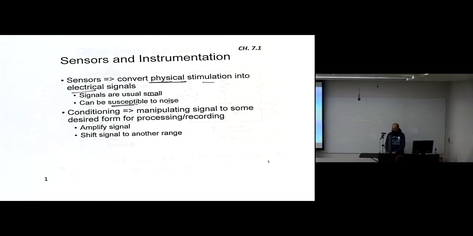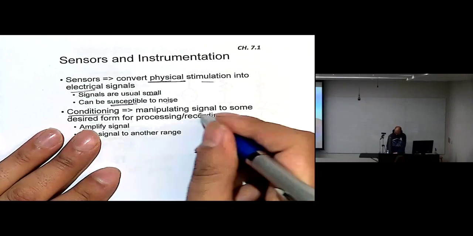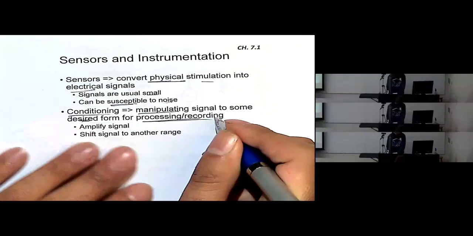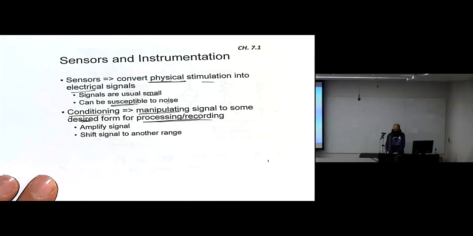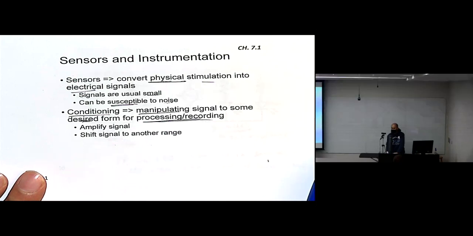So I need something that determines the differences, which we call conditioning. It is manipulating the desired and the actual signals from the processing, or the recording. So I'm comparing between the actual and the desired.